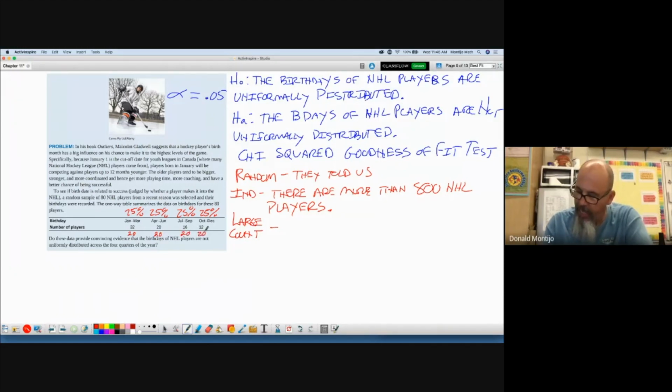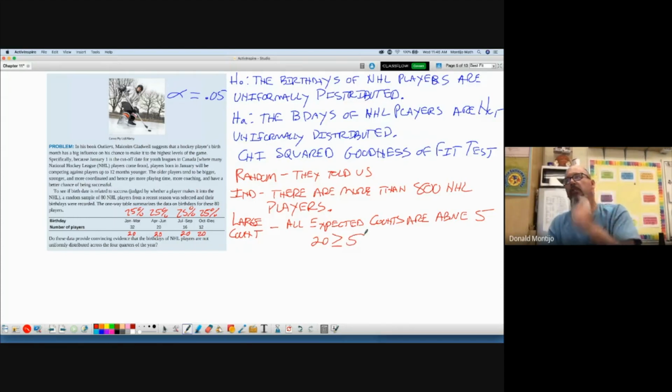So large count, yeah, all expected counts are above 5. Or we could say something like all expected counts are 20, which is greater than or equal to 5.